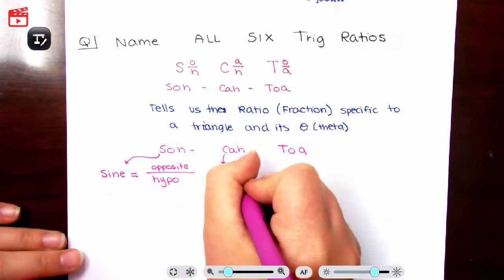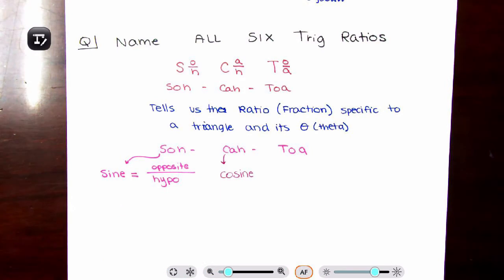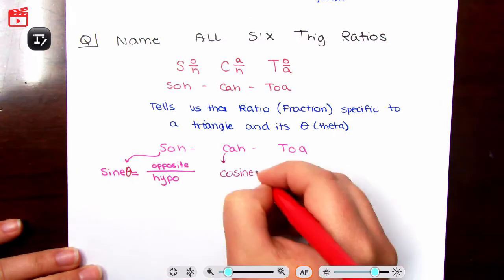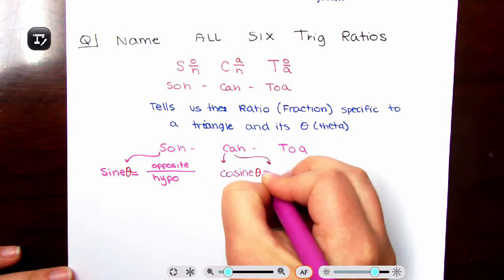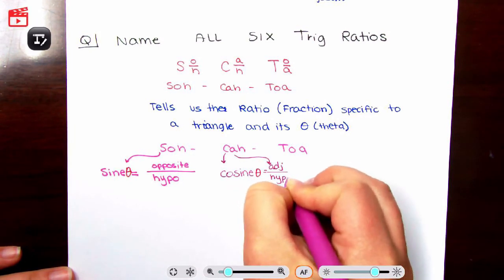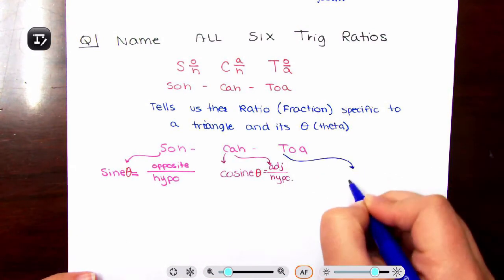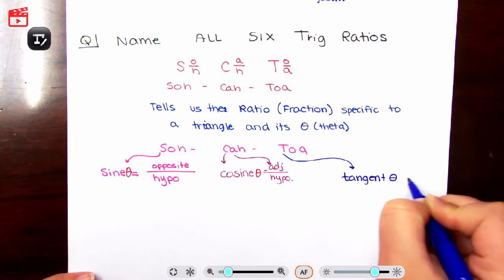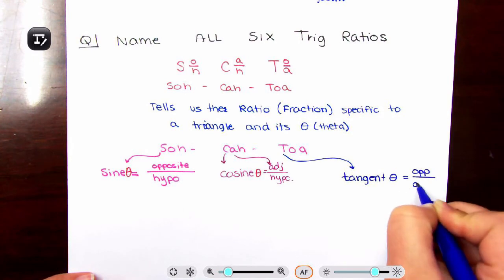And one more time, make sure that you have an eyeball. So sine of an eyeball, cosine of an eyeball. And the A represents adjacent, and the H represents the hypotenuse. T represents tangent. And again, we need our theta, we need our eyeball, and tangent is opposite over adjacent.